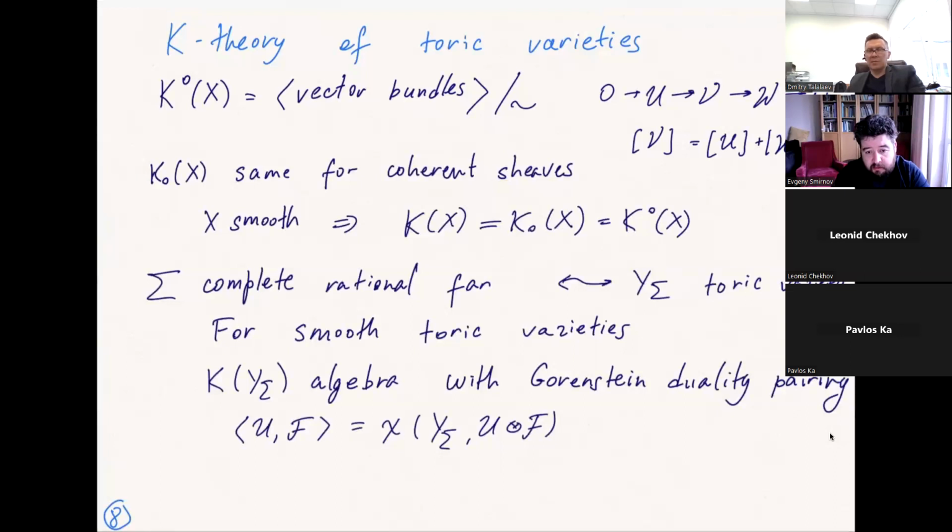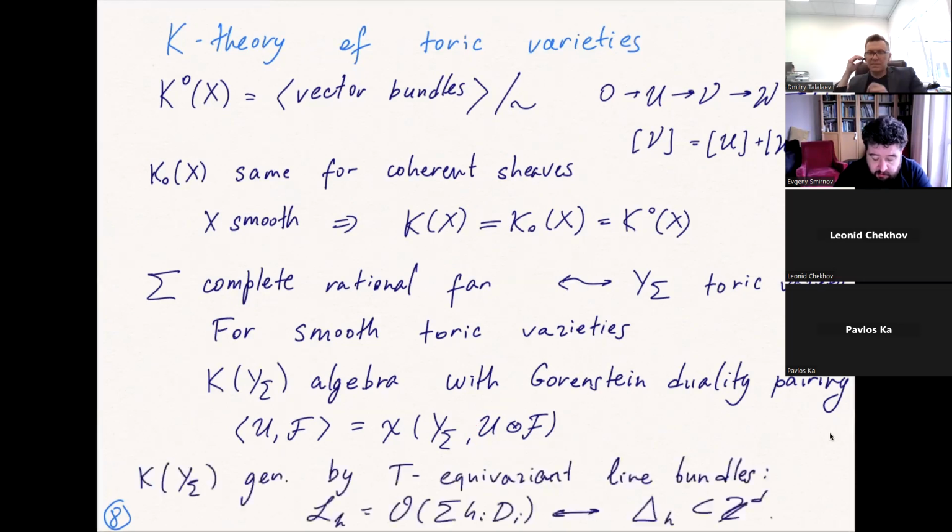A standard fact is that for a smooth toric variety, its K-theory is an algebra with a Gorenstein duality pairing, obtained by taking, well, to multiply two vector bundles, you need to take their tensor product and take its Euler characteristic.